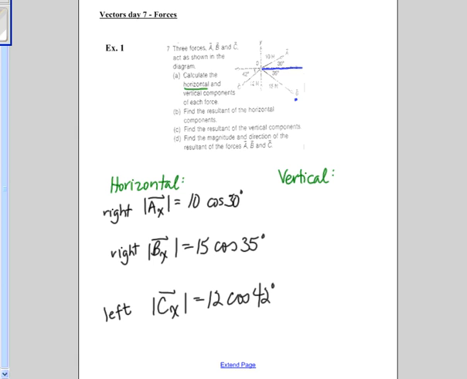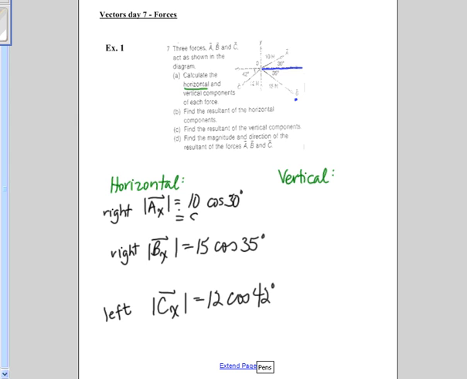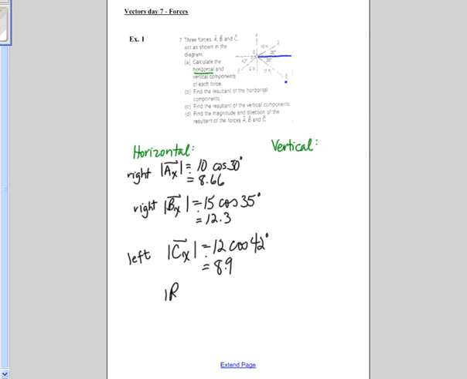First one, 10 cos 30, is approximately 8.66. The horizontal component for vector B is approximately 12.3. And the horizontal component for vector C is approximately 8.9. It is to the left. So the horizontal component for our resultant would be 8.66 to the right, 12.3 to the right, and 8.9 to the left.